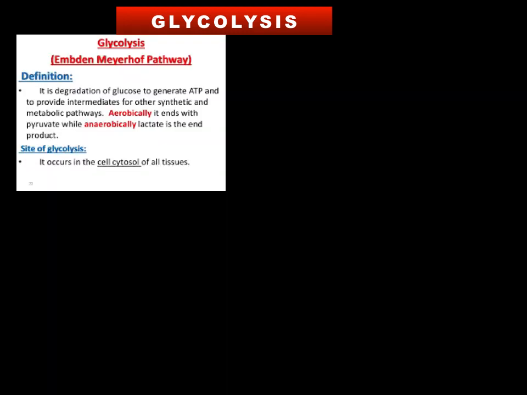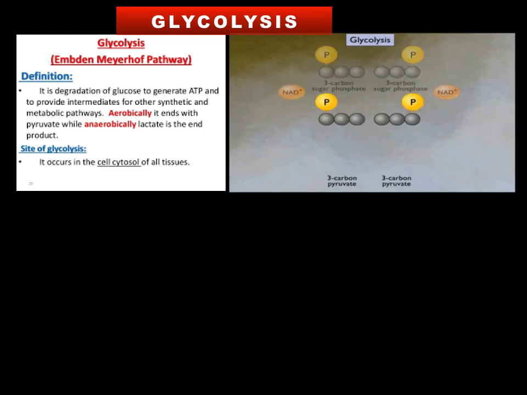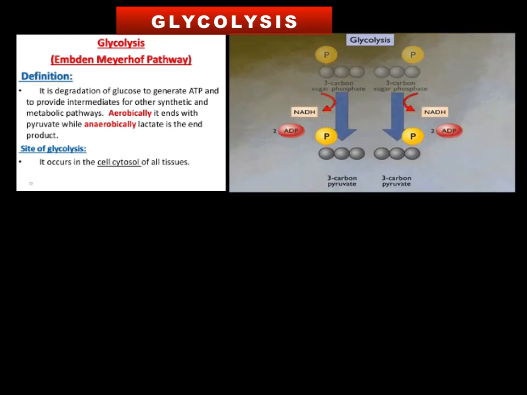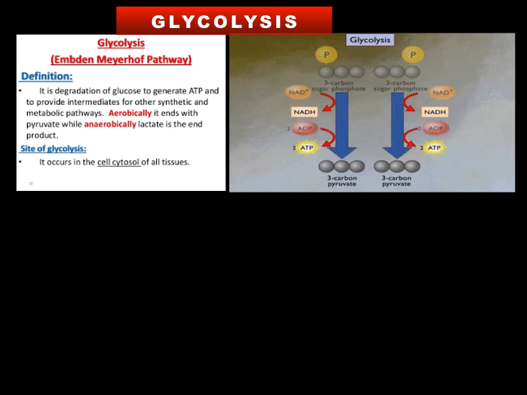Oxidation of glucose occurs in 3 steps during aerobic respiration. These are glycolysis, tricarboxylic acid cycle, and electron transfer chain reaction. Now let's see glycolysis. In glycolysis, a glucose molecule is oxidized stepwise into two molecules each of pyruvic acid, ATP, NADH2 and water.